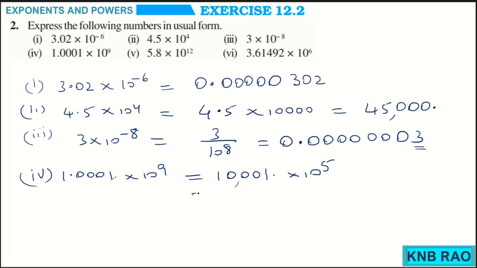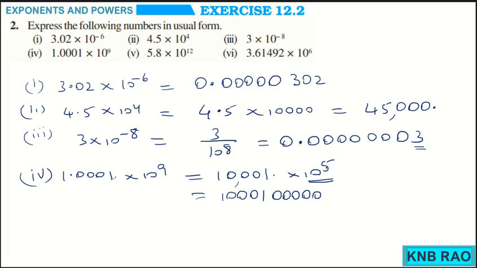Now 10,001 into 10 power 5 is 10001, and after that we have to put 5 zeros for the sake of 10 to the power 5. Now you can cross check how many zeros are there after the rightmost decimal digit.